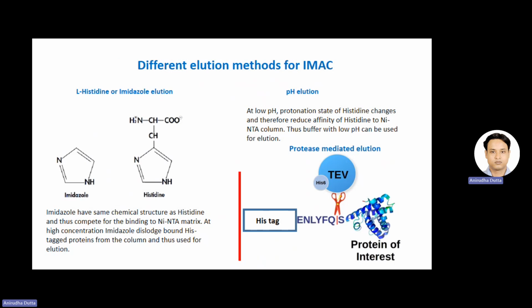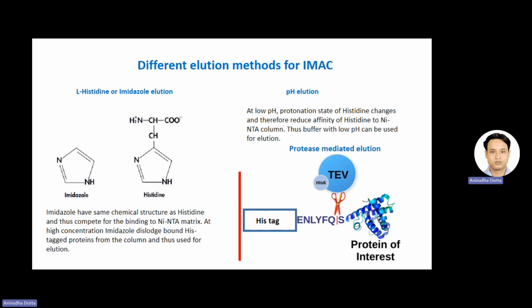Because they have a similar structure, imidazole or free histidine can compete with His-tag protein for binding to the nickel column. So it's a concept of competition, like a competitive inhibitor. Because they have the same structure, imidazole can also bind to the nickel matrix, and at higher concentration it would compete and dislodge the His-tag protein from the matrix, and that's how the protein gets eluted.